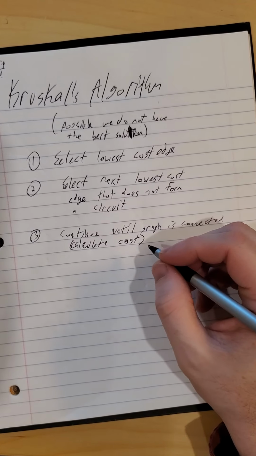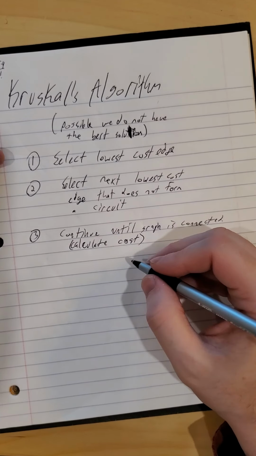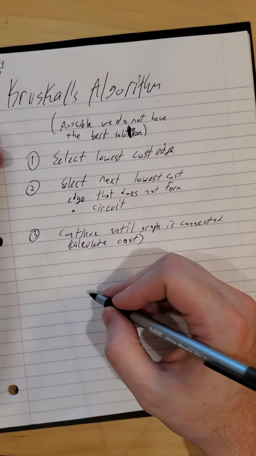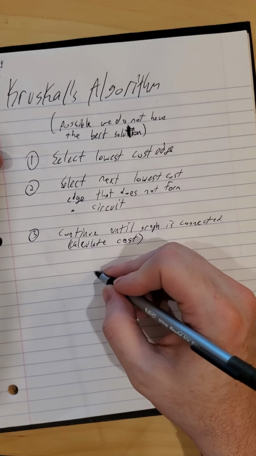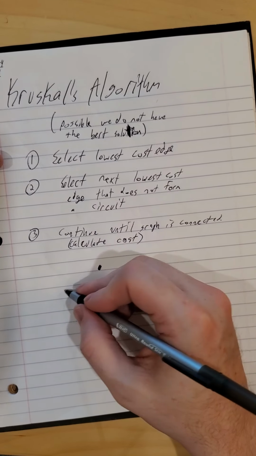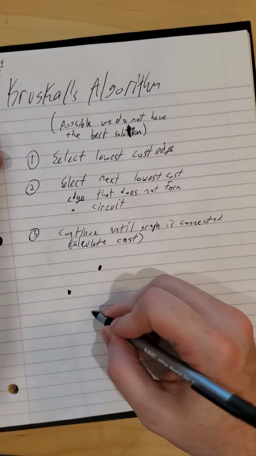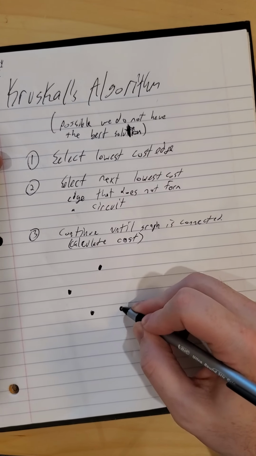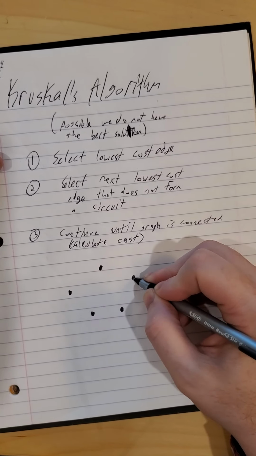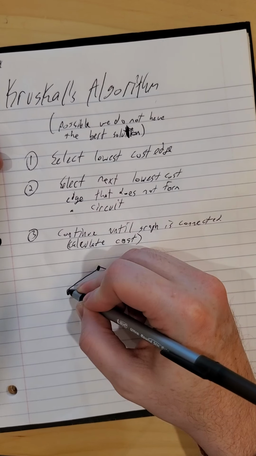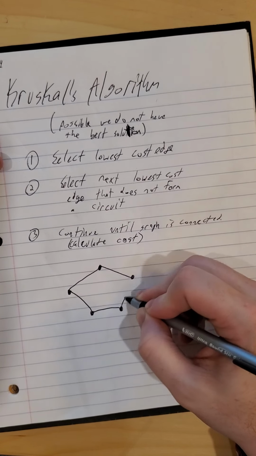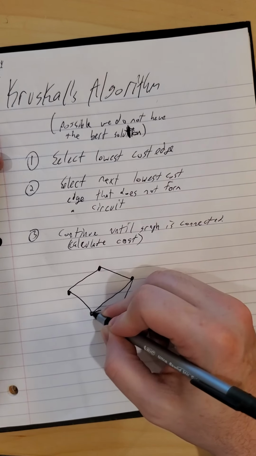What is the cost? All right, so this one we'll look at 5 vertices. And we're going to go ahead and make it a complete graph on 5 vertices.